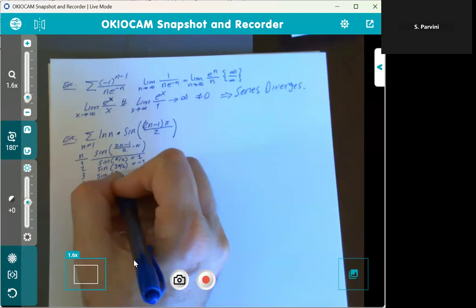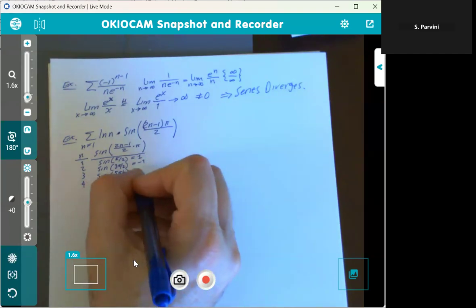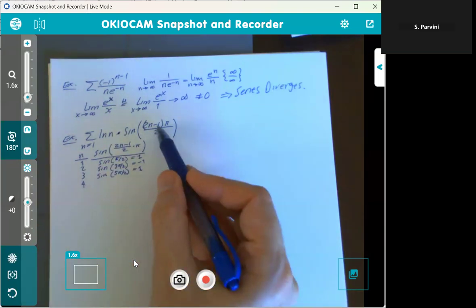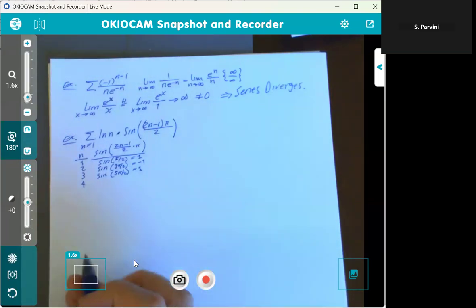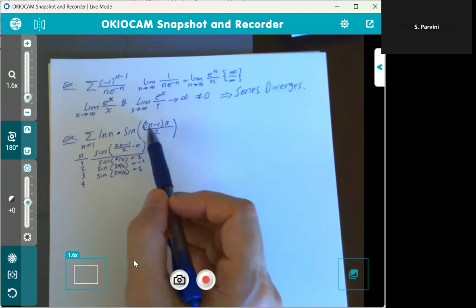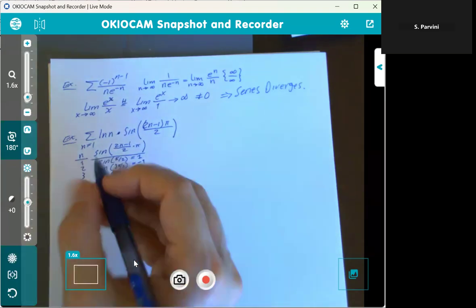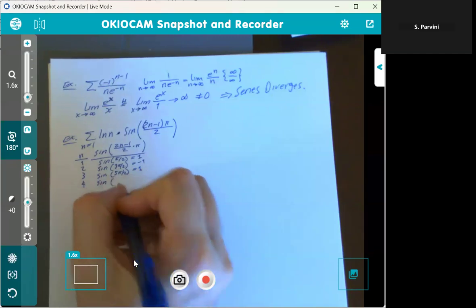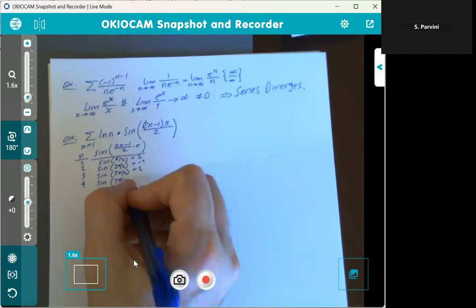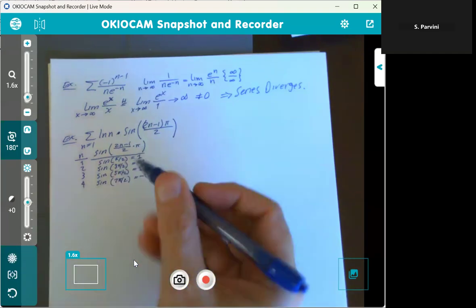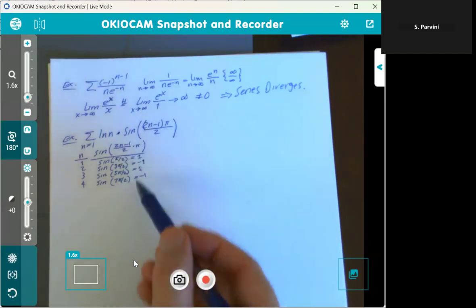Sine of 5 pi over 2 is 1. And for n equals 4, 4 times 2 is 8, 8 minus 1 is 7. 7 pi over 2 is pi plus 5 pi over 2, which puts you back at negative 1. So you kind of see how this series will alternate, right?